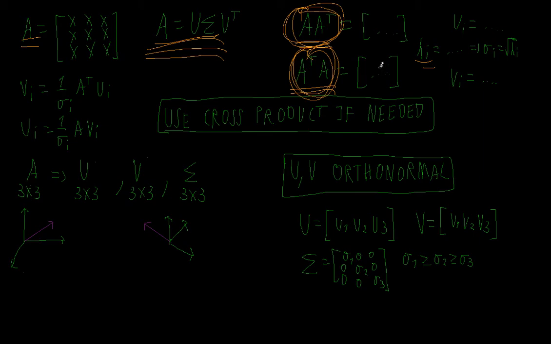Remember that the eigenvectors of A times A transpose will give you your u sub i's, and the eigenvectors of A transpose A will give you your v sub i's, where the u sub i's are the vectors inside the matrix U, and the v sub i's are the vectors inside your matrix V. Remember that you need to normalize your vectors v sub i and u sub i, and that at the end the vectors will be orthogonal to each other, because U and V are orthonormal matrices.